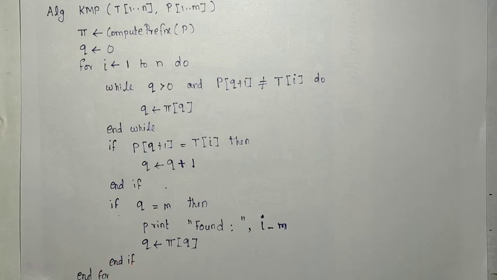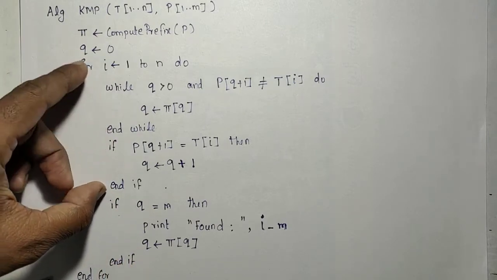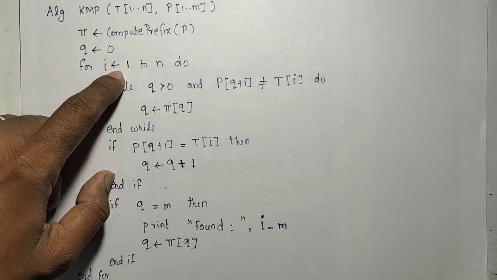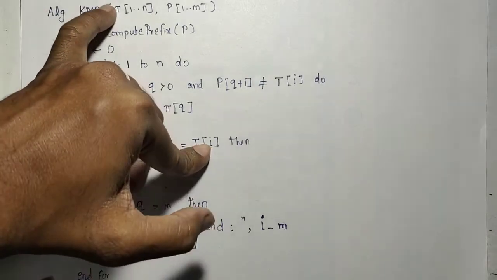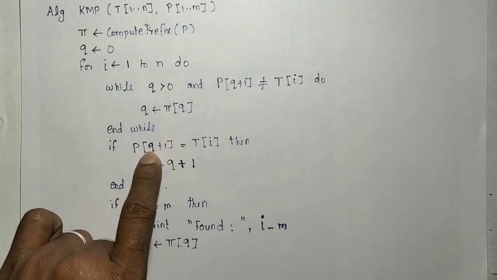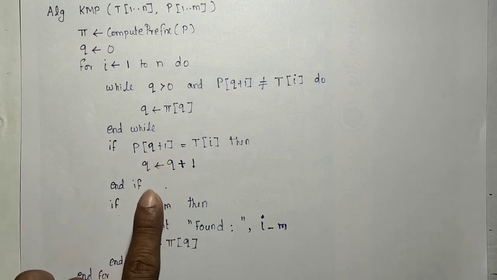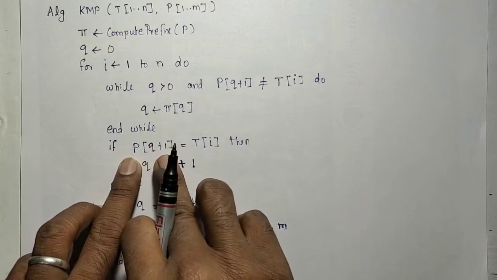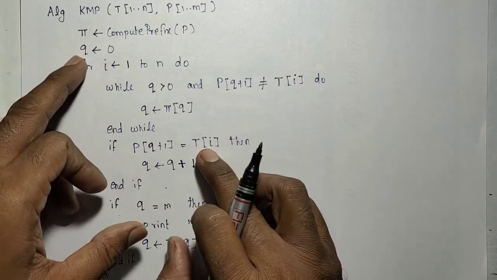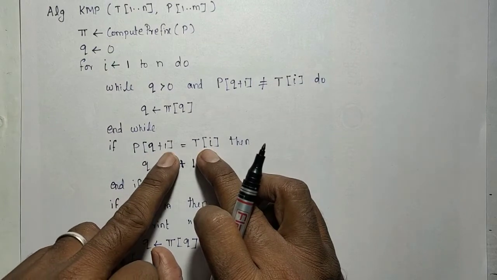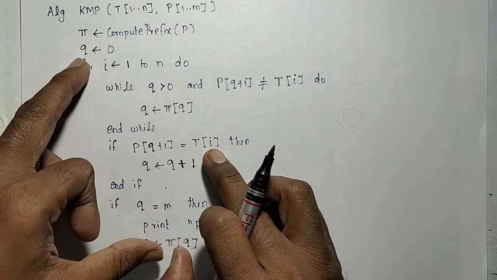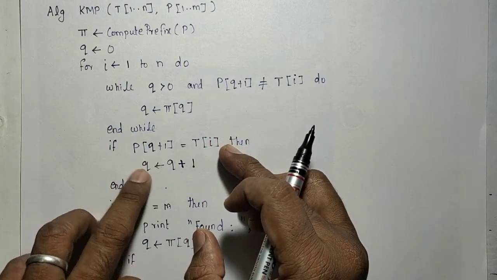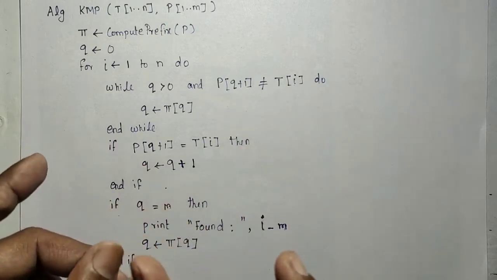In this one you can easily understand. So far 0 characters match. When i equals 1, the first character of T matches with the next character of P. So far the first q characters of P match, so if the q plus first character of P matches with the ith character of T, then we need to increment q.